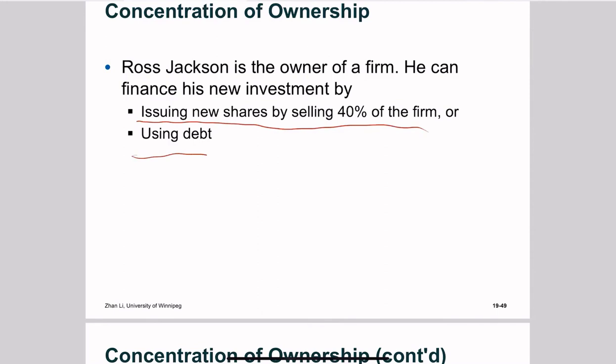What you can see here is the ownership structure is different under these two forms of financing. For the first form, 60% ownership will be in the hands of Ross Jackson, the CEO, and 40% will be in the hands of other shareholders.